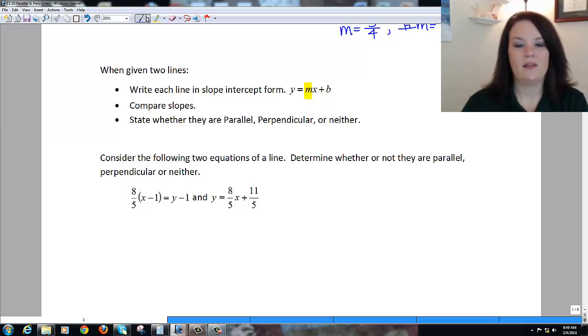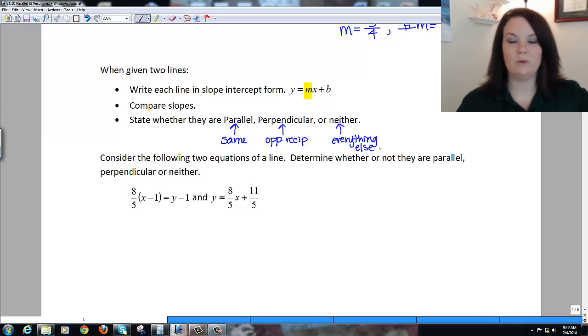Okay, and then just state whether they are. So remember, parallel slopes are the same, perpendicular slopes are opposite reciprocals, and neither is anything else. Everything else falls into the neither category. So if you end up with a slope of like 2 and -9, those would just be neither.